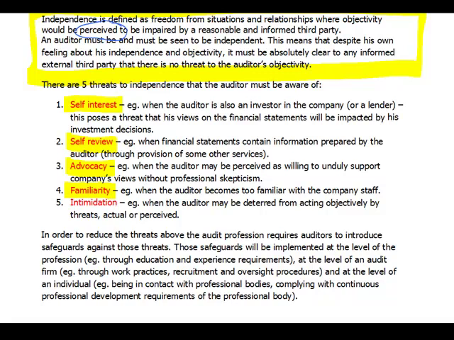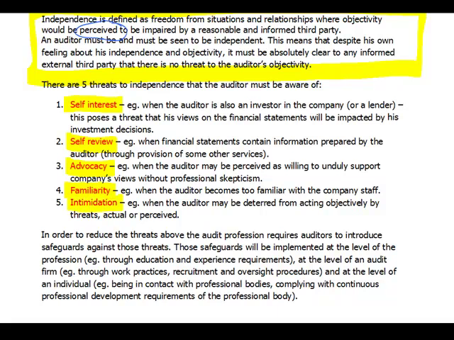Now, again, it's about the perception, being seen as independent. The familiarity should be something that the auditor should have in mind, not to get too close to the client.